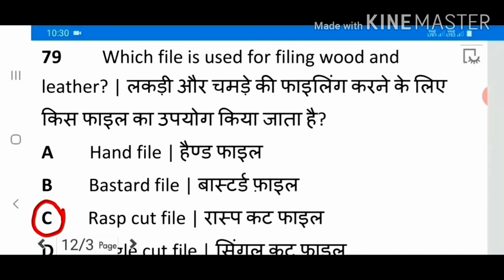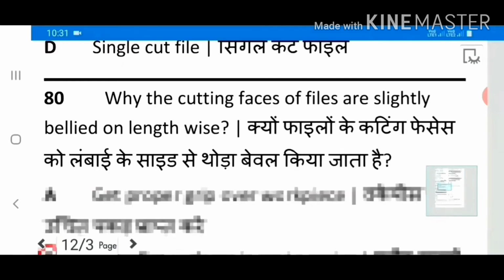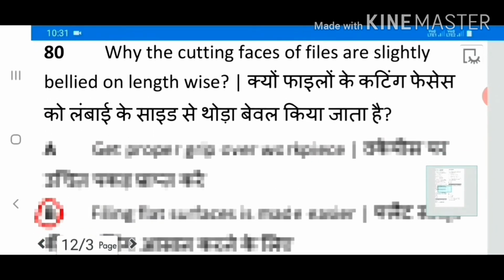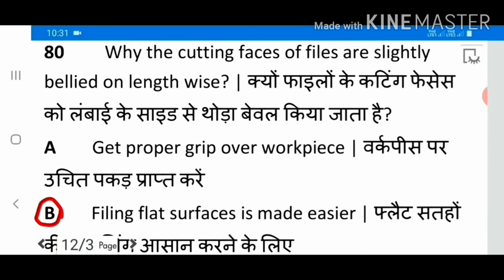Which file is used for filing wood and leather? Answer C. Rasp cut file. 80. Why the cutting faces of files are slightly bellied on lengthwise? Answer B. Filing flat surfaces is made easier.